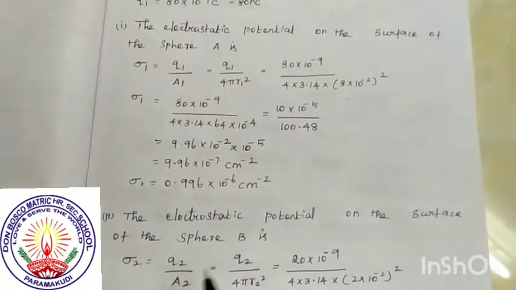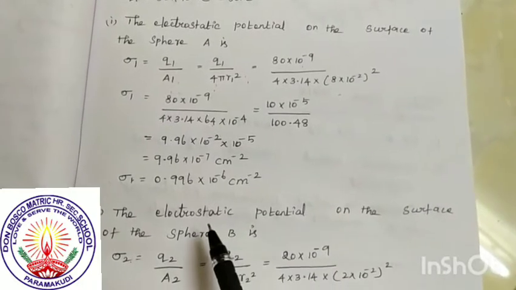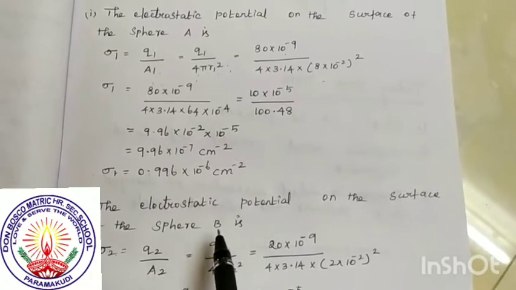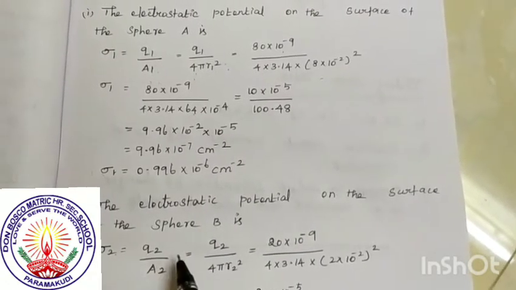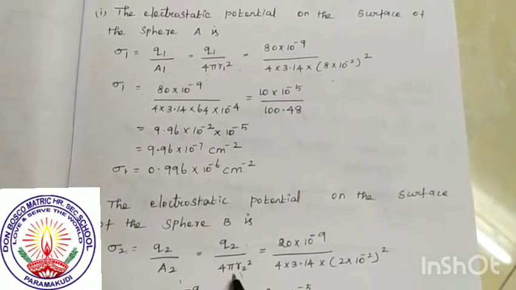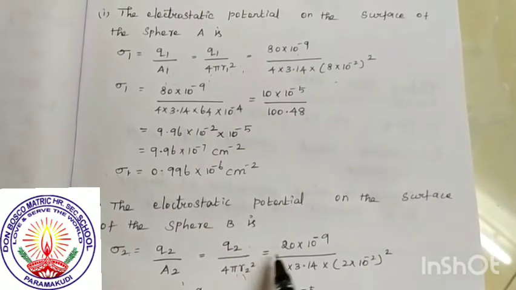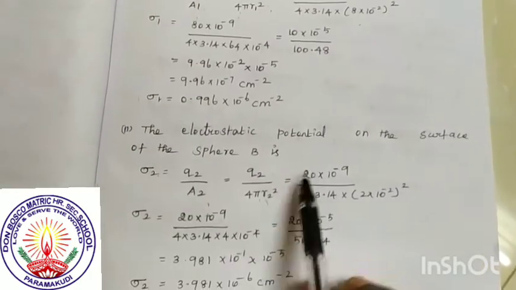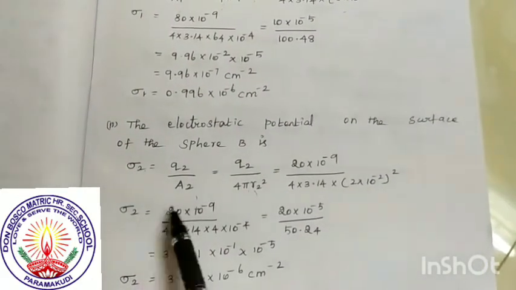And second is the surface charge density of the second sphere. On the surface of sphere B, sigma 2 is equal to Q2 by A2, where A2 is the area of the sphere. Substitute the formulas, we know the values, multiply and divide, we get the answer, sigma 2.